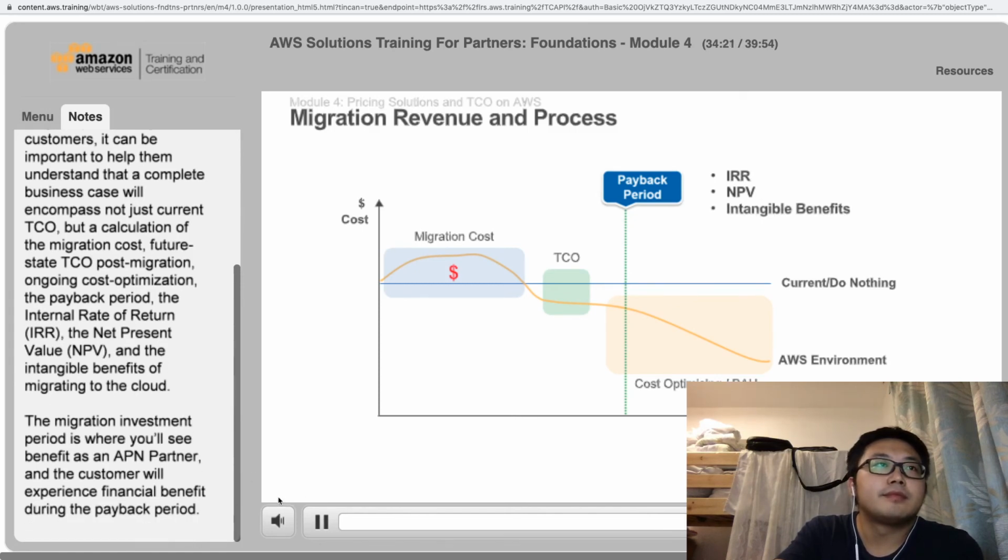The migration investment period is where you'll see benefit as an APN partner, and the customer will experience financial benefit during the payback period.